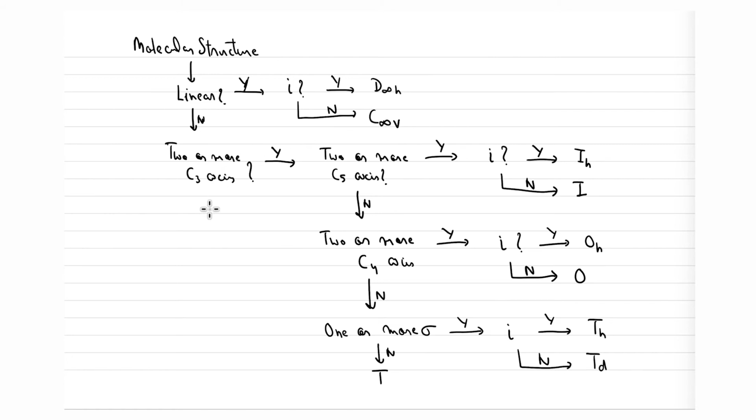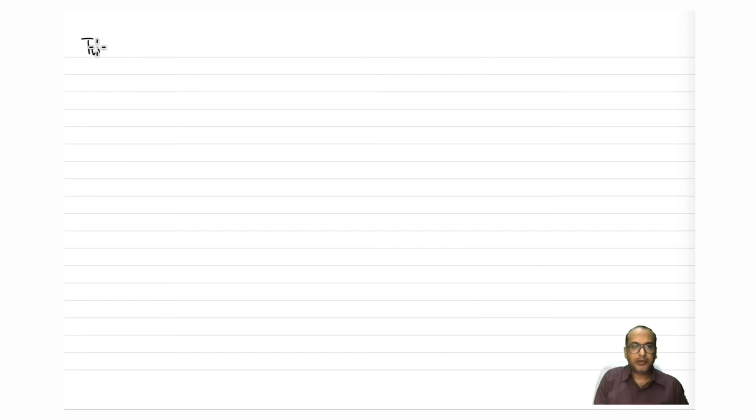Okay, so now let's go to two or more C3 axes if it is no. We'll have to go to the next page because this will take the entire page. So let's go to two or more C3 axes, and it was the no side.